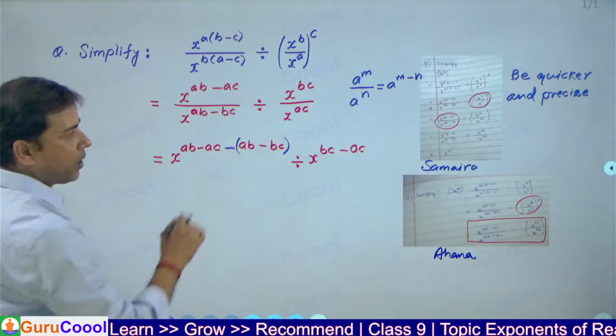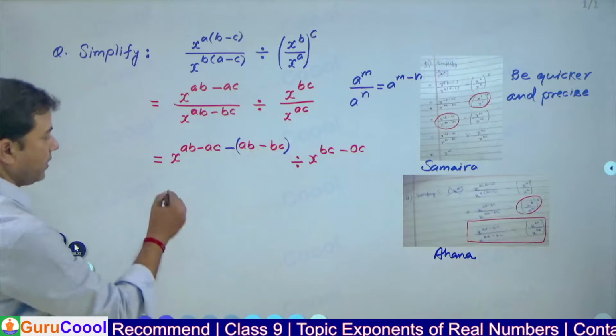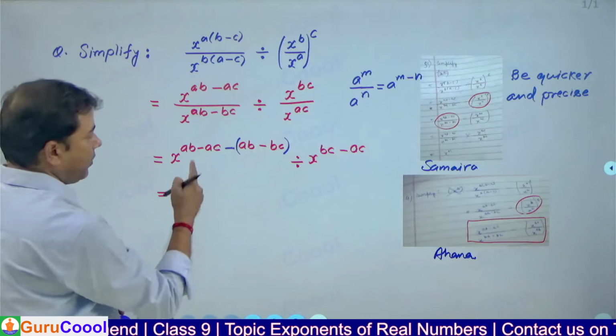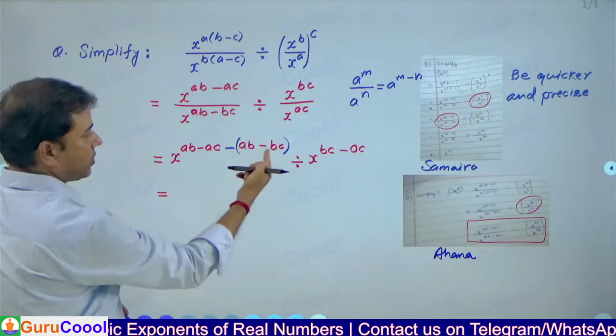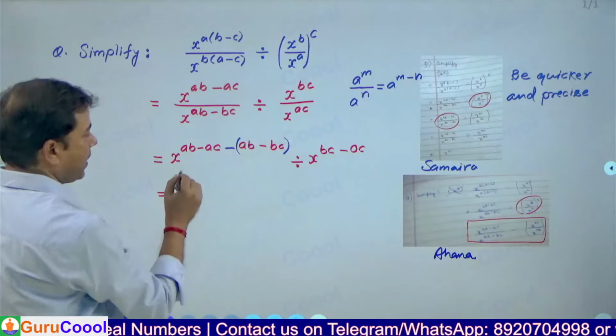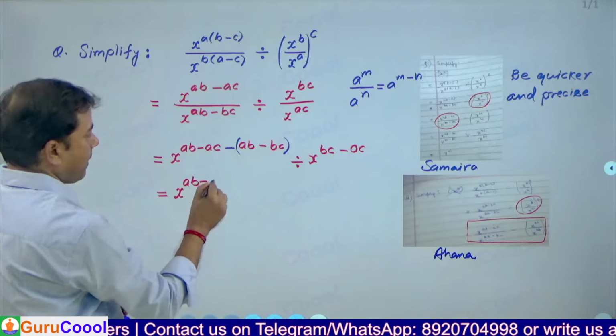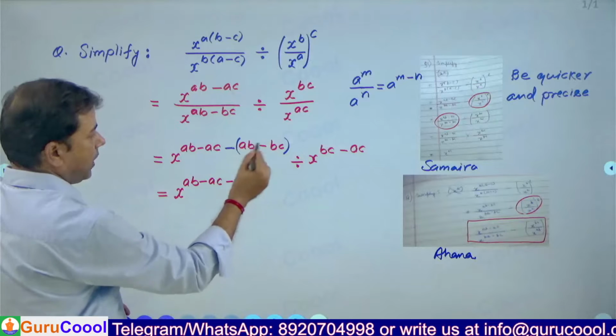I hope there is no problem till this. No. Okay. Now I have to open this bracket here. Before that we have a minus sign, so the sign will change when I open the bracket: x raised to the power ab minus ac minus ab and then plus bc.